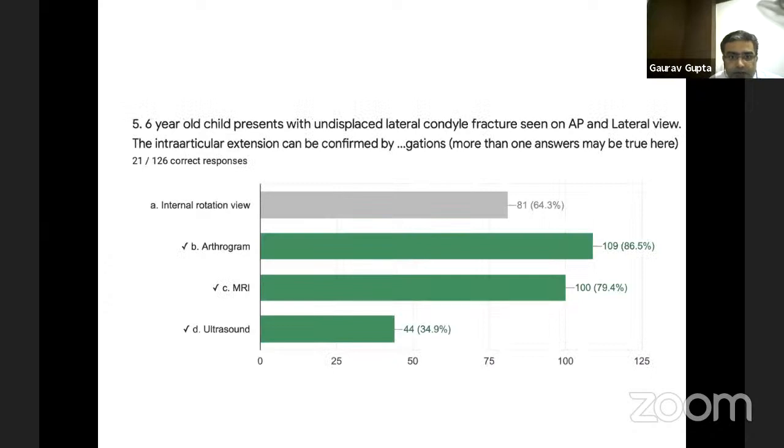Fifth question was, a 6-year-old child presents with an undisplaced lateral condyle fracture seen on AP and lateral view, and intra-articular extension can be confirmed by following investigations. More than one of the answers were true here. Arthrogram, yes. MRI, yes. Ultrasound, yes. Internal rotation view can give us the best displacement, but not the intra-articular extension, and it was marked wrong by 64% of people. So we should know this also.